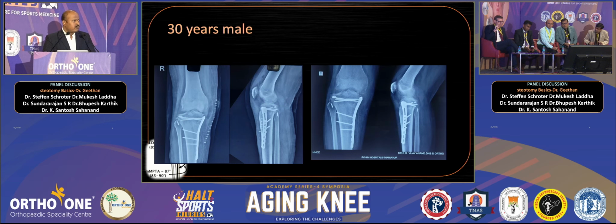But the success rate is not more than 50% in my hands. I guess the problem is that the medial rim is gone for the subluxation. If you re-establish the bone with the bone graft, then I guess you treat automatically the subluxation.